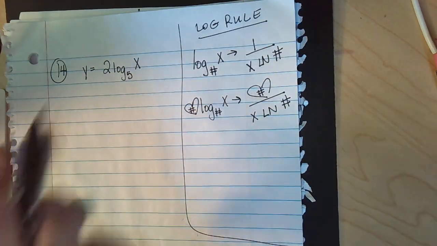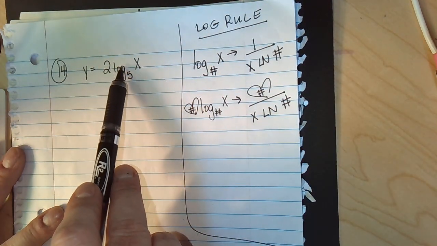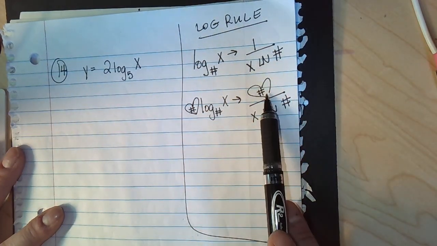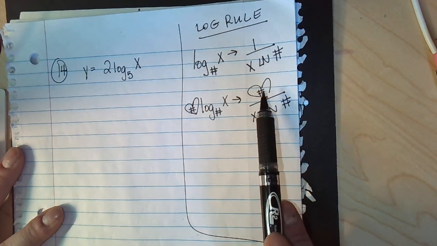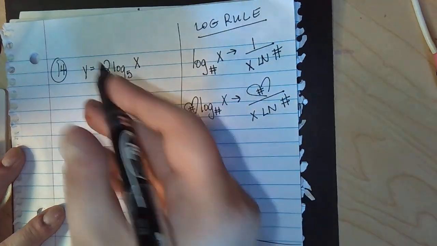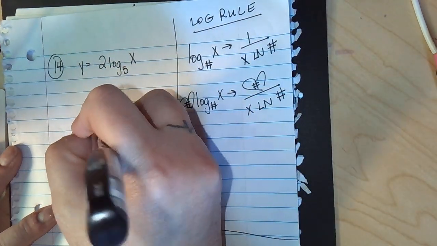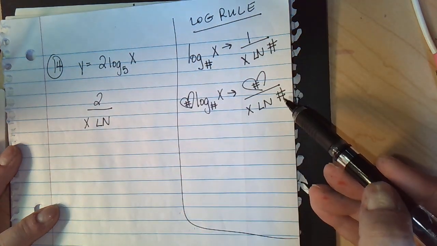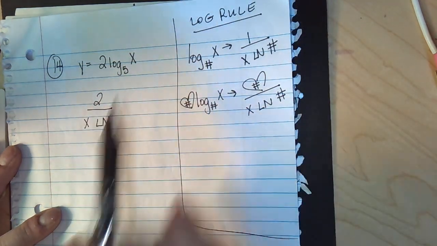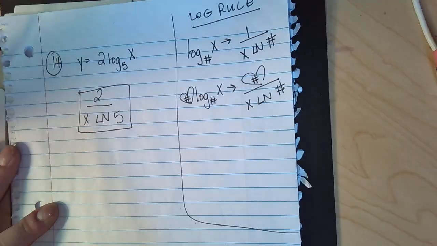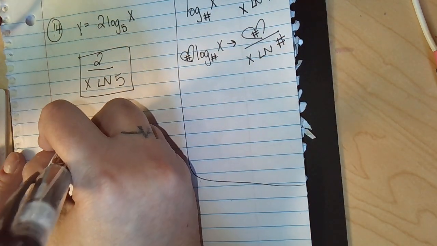So for us, we have a number times log of x, so we're going to use this second rule that says it pops out the number that was to the left of the log, 2, over x ln, the number that came from the subscript, 5. Okay, let's go to 15.